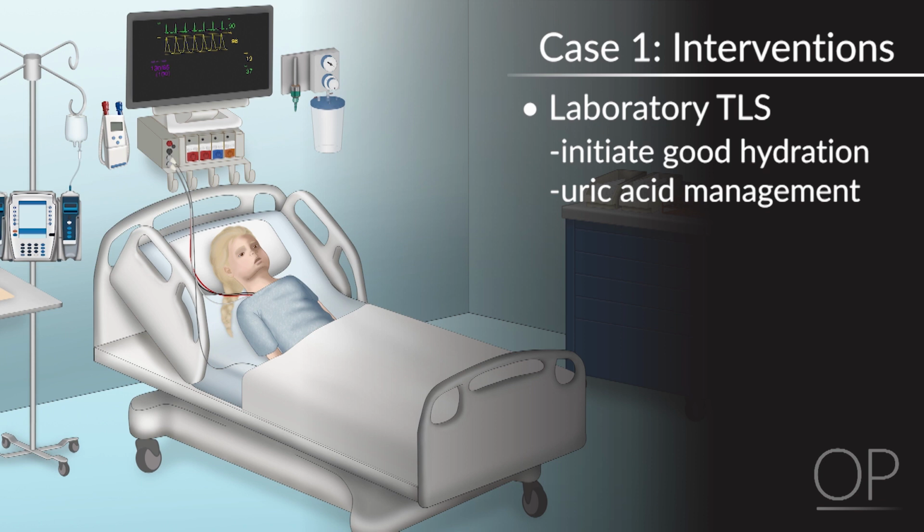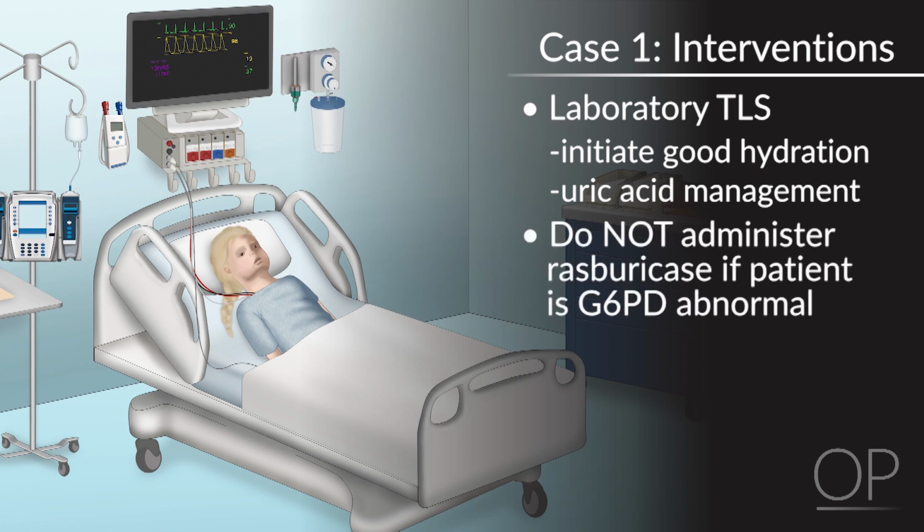As I mentioned earlier, this patient is Caucasian, and a percentage of Caucasians are G6PD abnormal, so it's important that you wait for the G6PD testing before you consider giving rasburicase. Especially in a patient who's otherwise healthy, hydration goes quite a long way and can start to bring down the uric acid levels without even initiating allopurinol or rasburicase. Once we get the G6PD status back, if the uric acid level is still quite elevated and continuing to rise, then we can consider giving a dose of rasburicase.